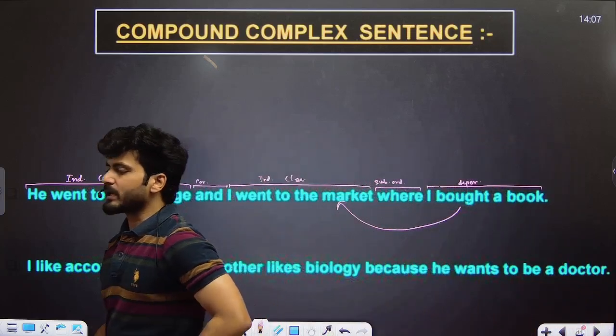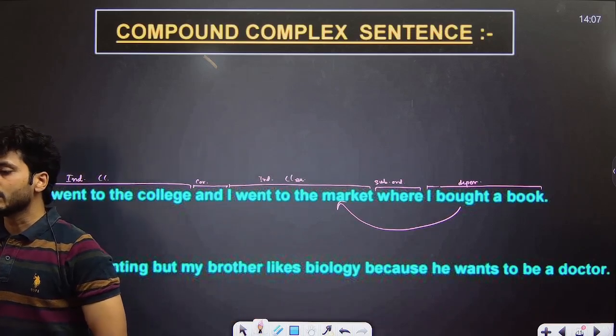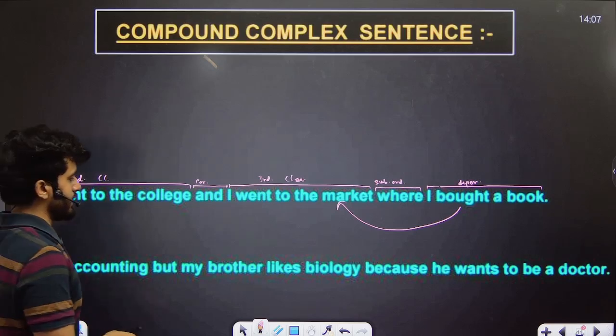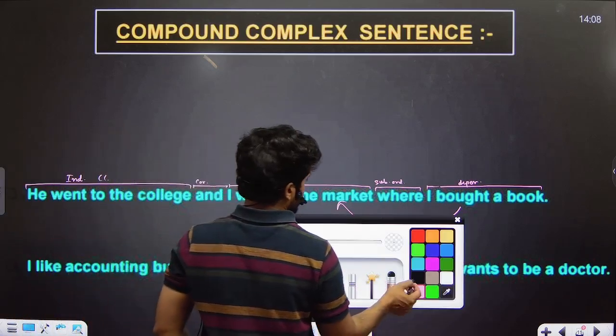So in the compound complex, what are we going to write? At least two independent clauses and one or more dependent clauses are required. Note it down.